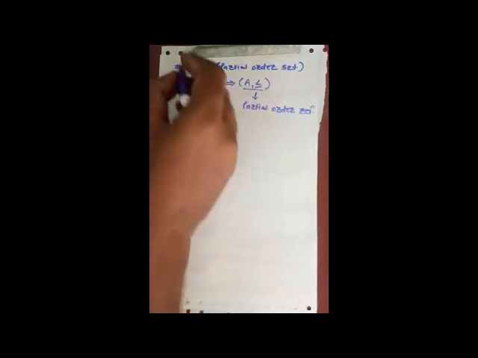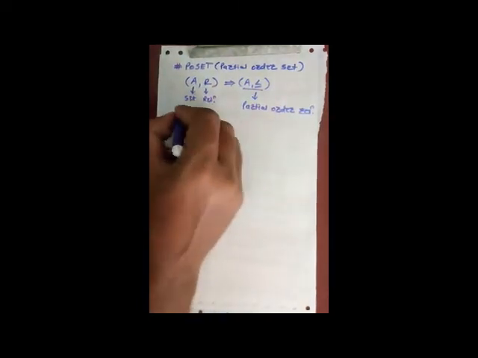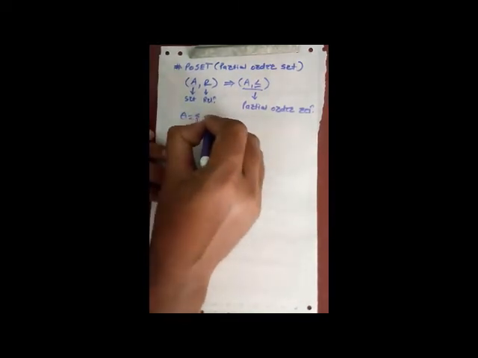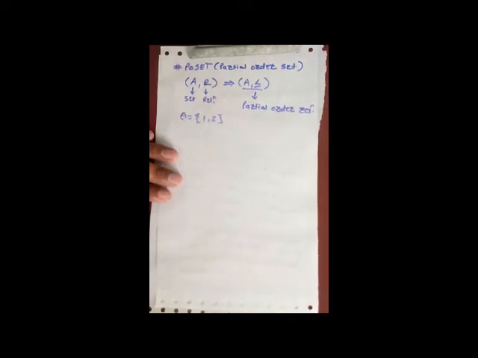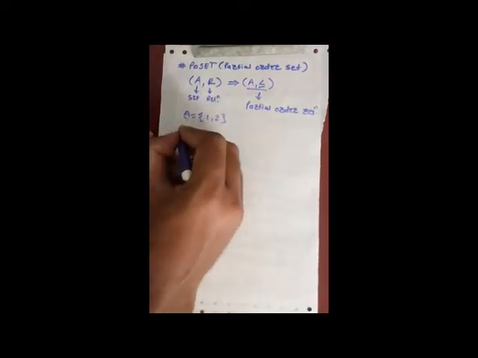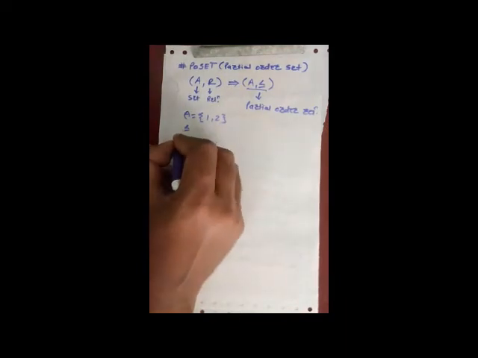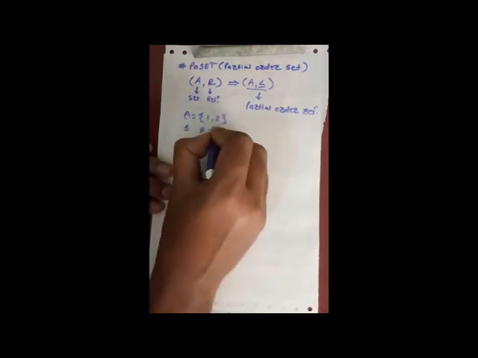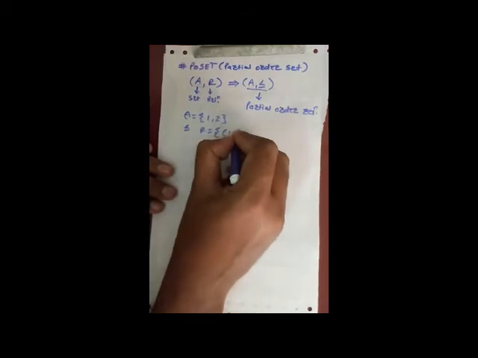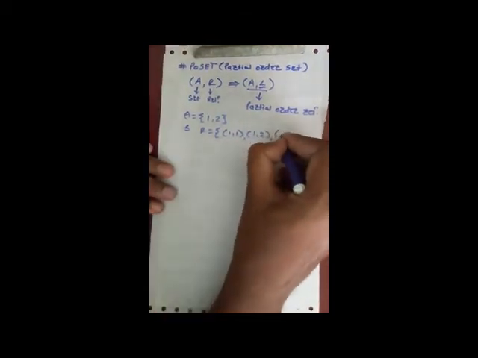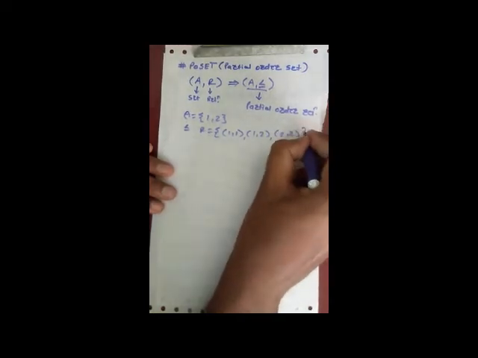So in that case, consider A = {1, 2}, that is the set, and less than or equal to is a relation. So R = {(1,1), (1,2), (2,2)}.